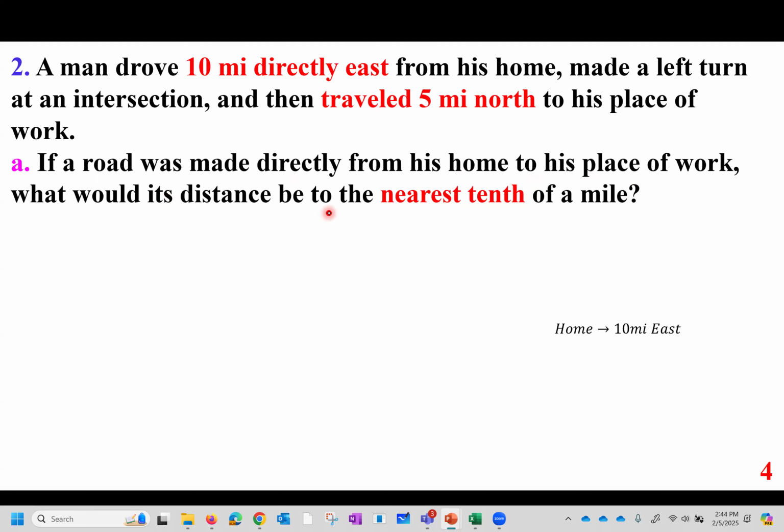So here's the home, somewhere here. And we're going to go 10 miles to the right, east, and then up 5 miles north. So it looks like this. This distance is 10 miles. This distance is 5 miles.